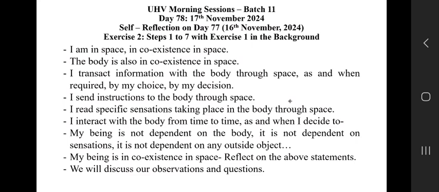I have one mobile, two mobile, five fingers. We are able to count five because there is a space between two units. And within the unit, you can count electron, proton, etc.